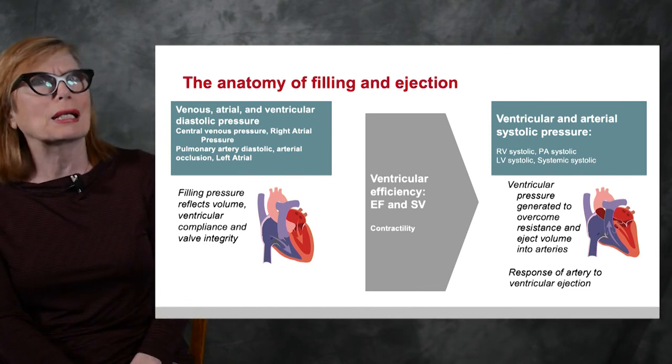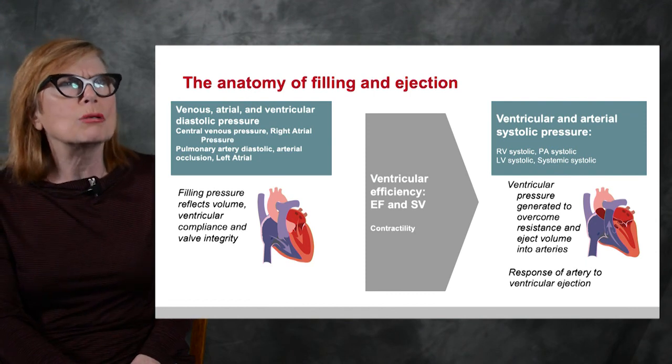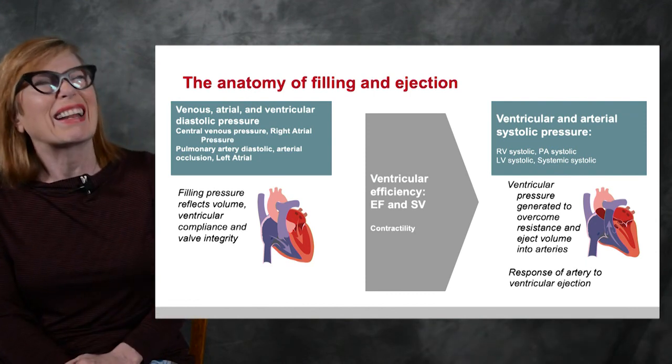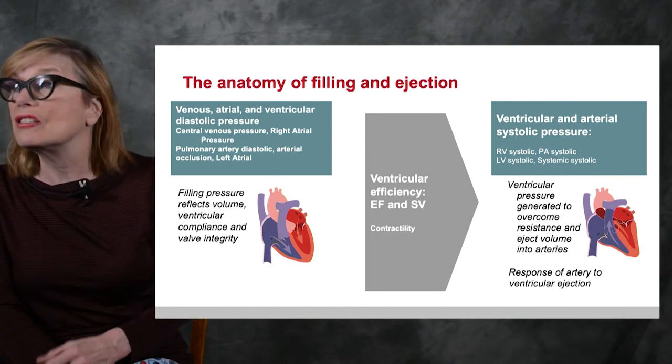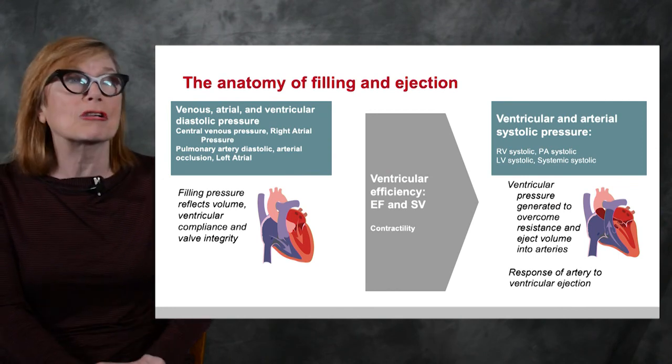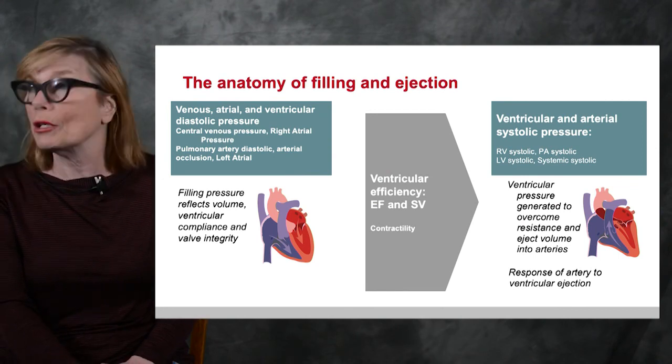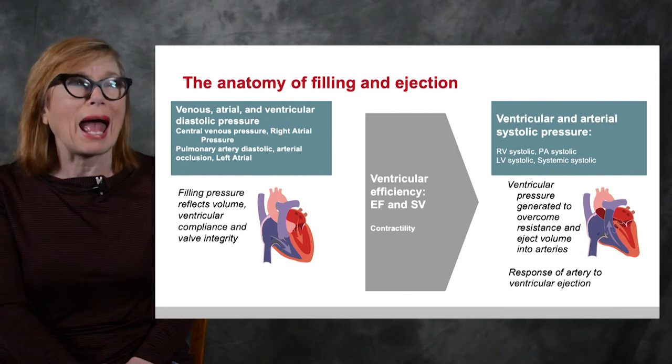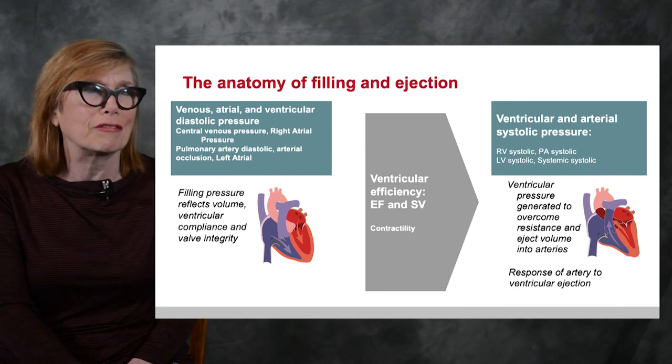So this is really, really important. But most significant to what I want to talk about in this content is actually the measurement of ventricular efficiency, which is hard to do because we don't actually have a true measurement of ventricular efficiency.